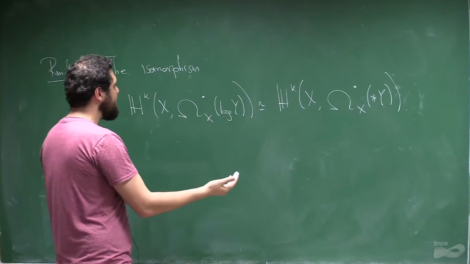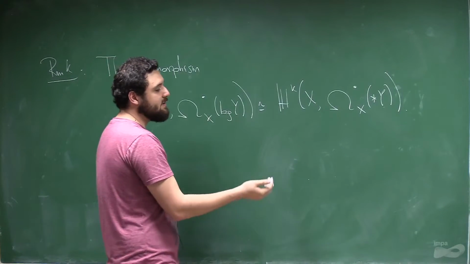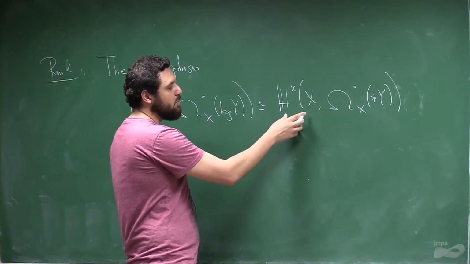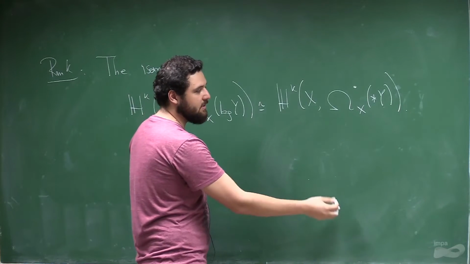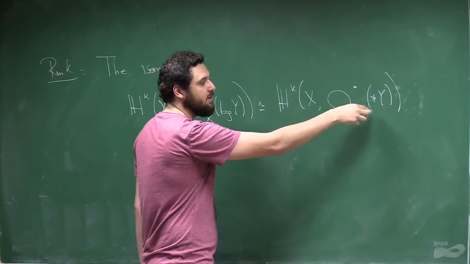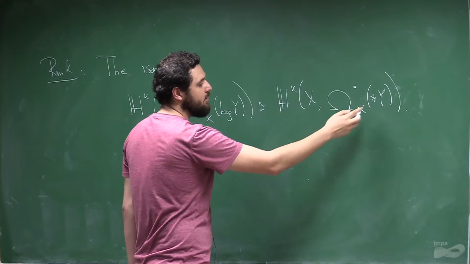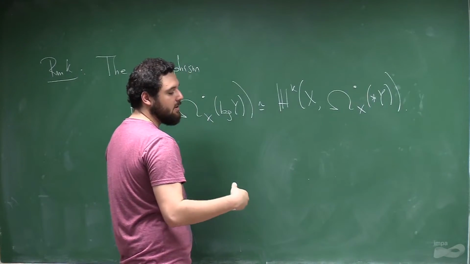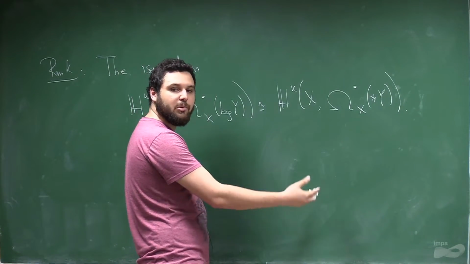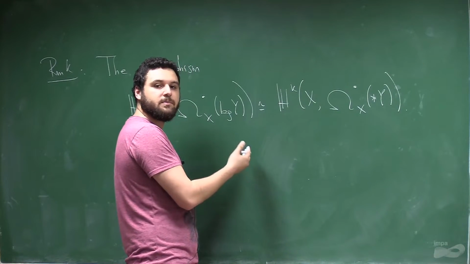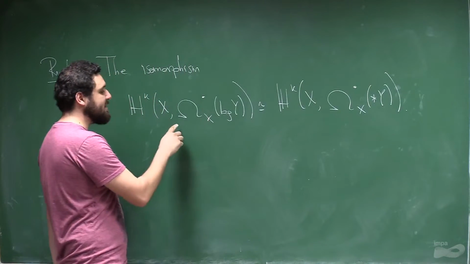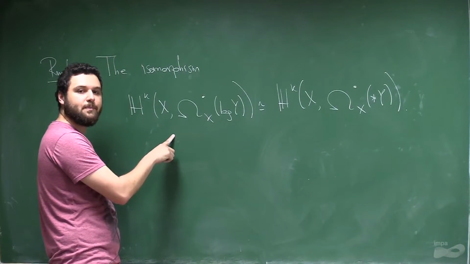So this suggests that there must exist a way to pick a representative of an element in the hypercohomology with poles of arbitrary order along Y and reduce the order of the pole up to order 1, so we can obtain a representative that comes from here.